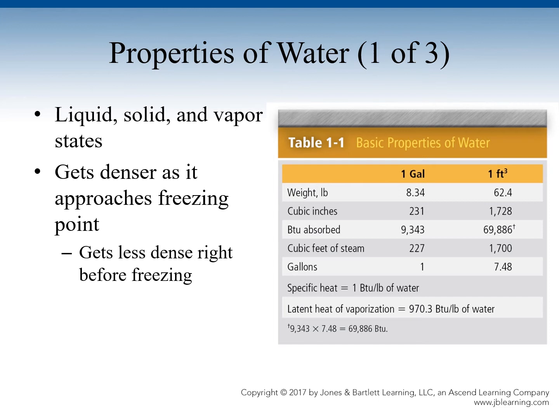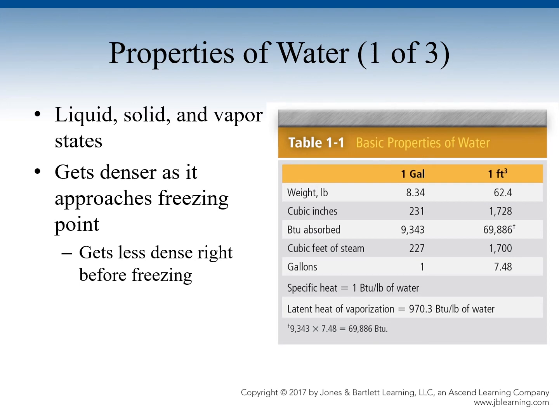So we know that water weighs approximately 8.34 pounds per gallon. In cubic inches, it's 231. It will absorb 9,343 BTUs and will produce about 227 cubic feet of steam per gallon. This is per 1 gallon.